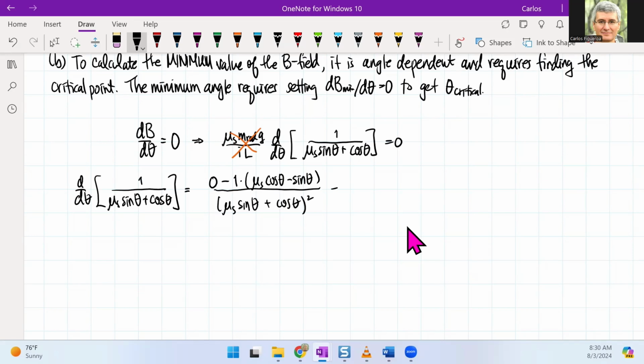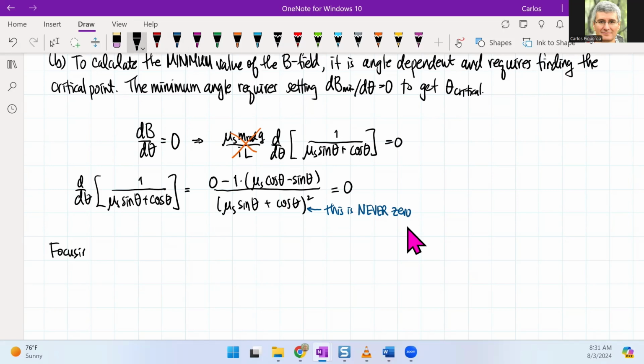Now, what's important about this is that this is 0 right here, but this guy here is never 0. So that means I don't have to worry about the denominator. I just have to focus when the numerator is 0.